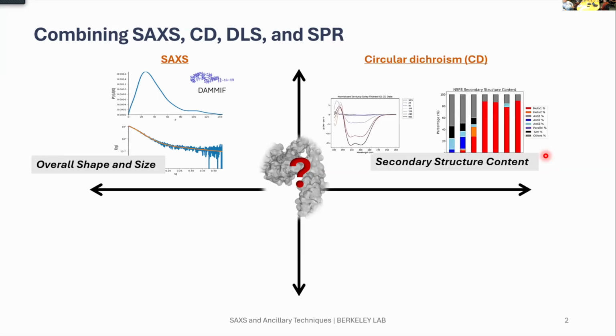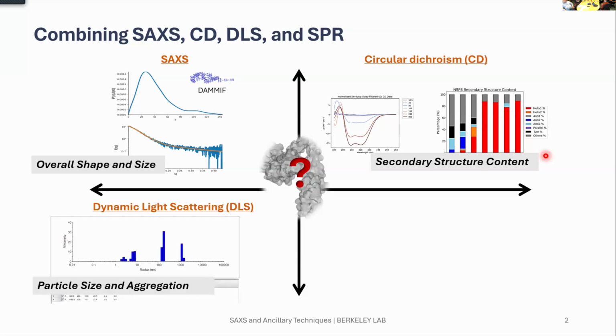Next is going to be circular dichroism. This one is good to know about protein folding and overall composition of secondary structures of our protein. And if we want to know the state of our protein solution, like if it has different oligomers or it's monomeric, how those particles are distributed in solution, another approach is dynamic light scattering.